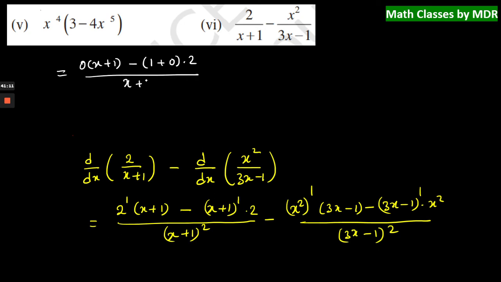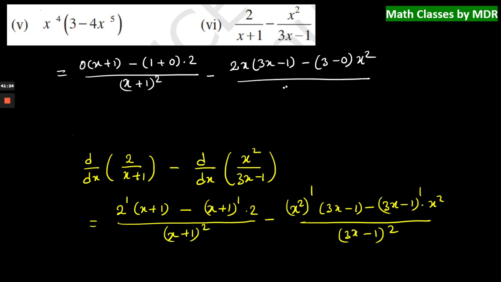Minus, the derivative of x square is 2x, into (3x minus 1), minus the derivative of 3x minus 1, which is 3 minus 0, into x square, whole divided by (3x minus 1) whole square, right?